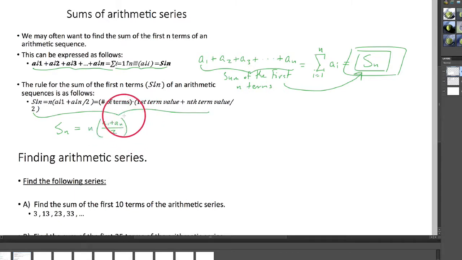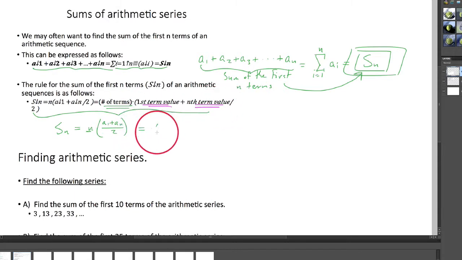To put this into perspective, consider this. n, remember, is the number of terms that we have. And when we write a1 plus an, what we're really saying is take the value of the first term plus the value of the last term and divide by 2.